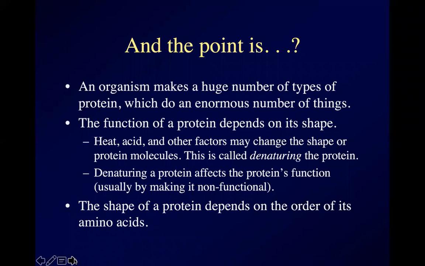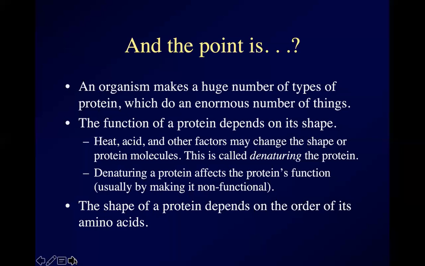It's not really possible for me to do it today, but it's pretty easy to do. And that's an example of denaturing a protein. You're not breaking it up, but you're changing the shape of the protein. And the shape of the protein depends on the order of the amino acids, and the shape of the protein determines what the protein can do.